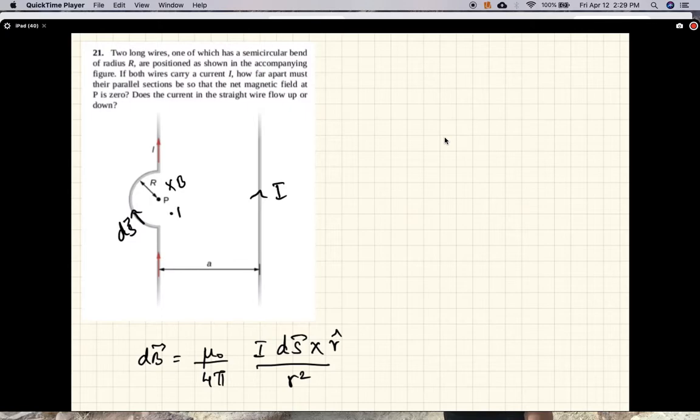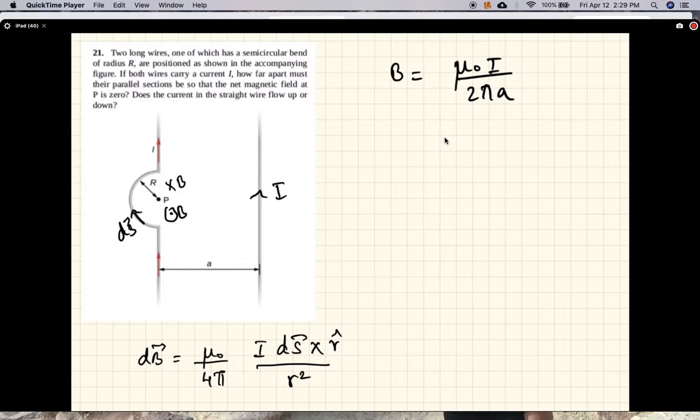That's what we want. So for the two fields to cancel, the current in this wire is in the upward direction, and we'll figure out the magnitude. The magnitude of that magnetic field is given by mu naught I by 2 pi a, where a is the distance between them.